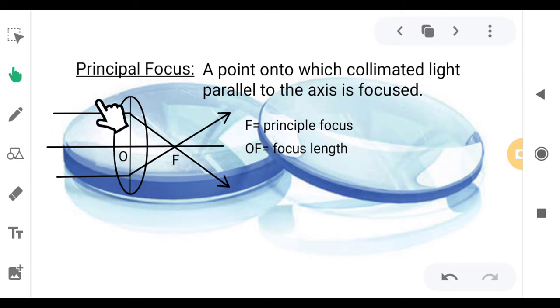All these parallel collimated rays will point to a single point. So this point is called principal focus. So this F is principal focus and the distance between optical center and principal focus, OF, is the focal length.